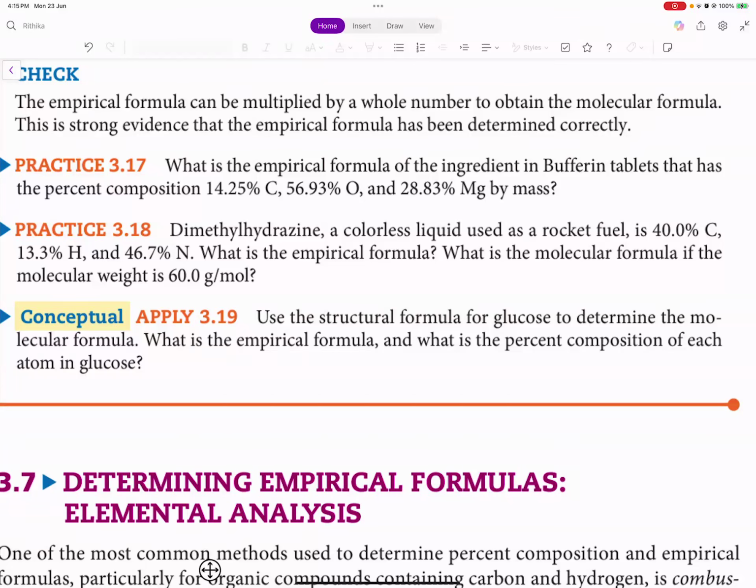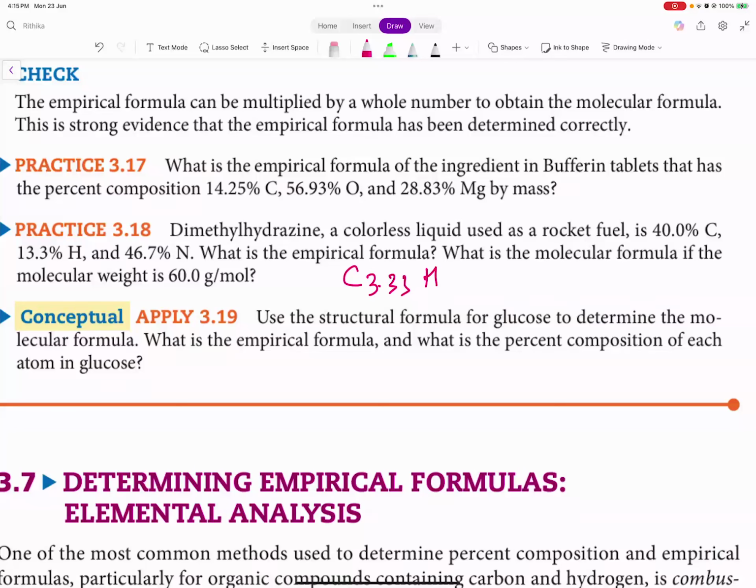So till here we are getting C 3.33, H 13.33, and nitrogen 3.33.